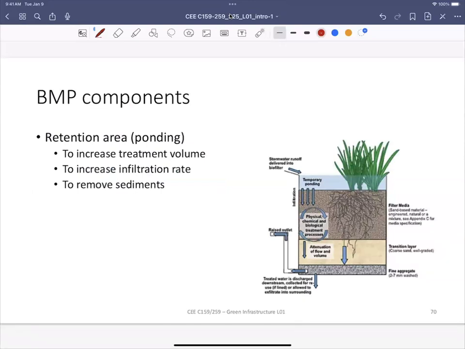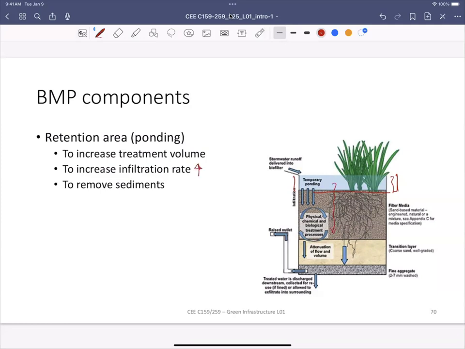And this retention area over here, that's the size. Size is related to storage, so that means you have more stored treatment volume. If you have a large depth over here, that means a lot more water can pond there. High ponding means high gravity flow, which means water can be pushed through it, and that means a higher infiltration rate.